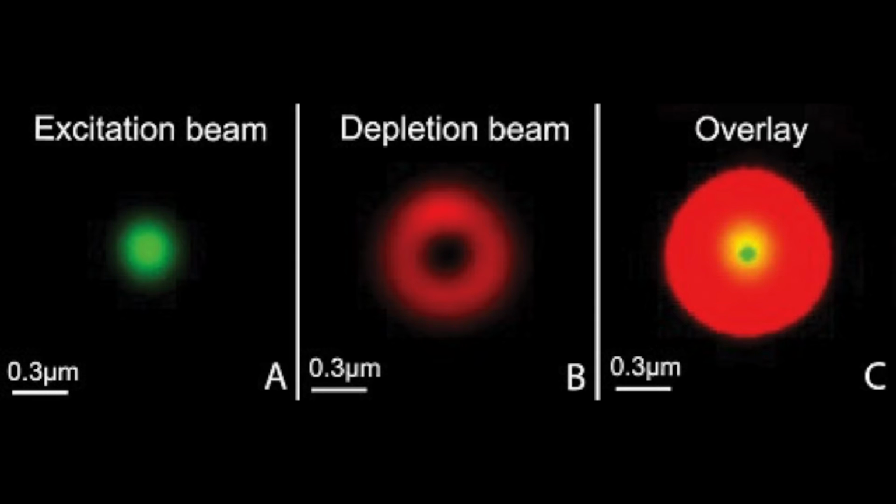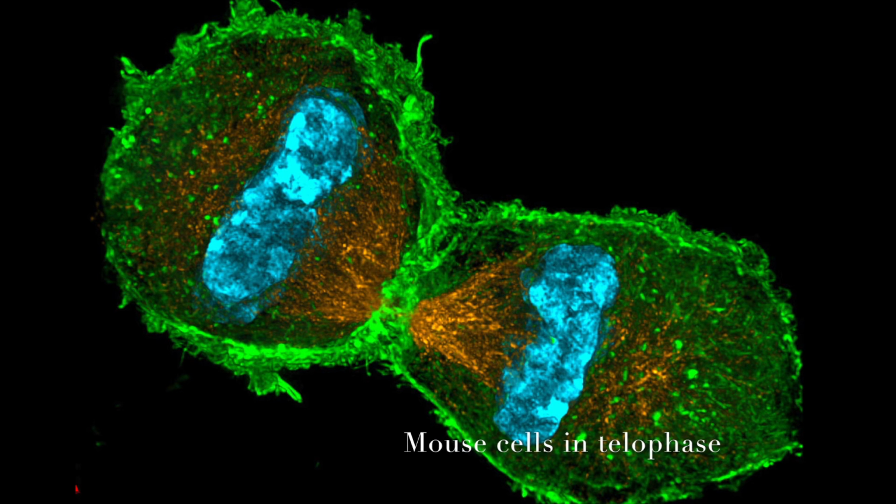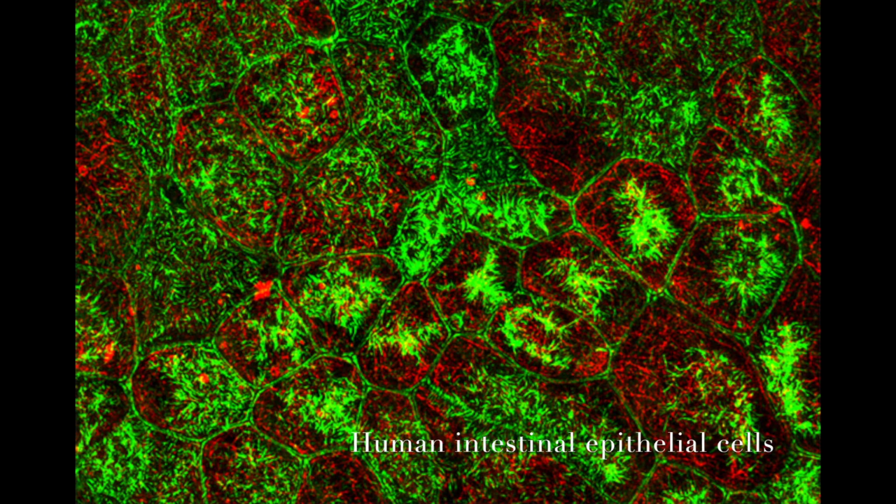This creates the so-called donut shape characteristic of this technique, in which the STED beam has a high intensity except for a small area in the center, which permits the molecules to fluoresce. This technique has demonstrated the ability to achieve super resolution in fluorescence microscopy down to 10 nanometers in higher resolution.